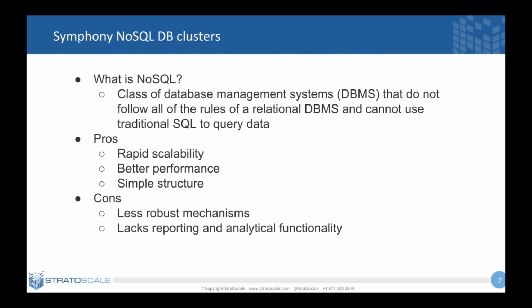And the fact that we're free from schema allows us to be more efficient in reading and writing and to scale out easily. And scaling out, that's the whole point of being public, and being fast, that's the whole point of using cache and so on. So the pros of NoSQL are, as I said, it's easily scalable, the performance is usually better, and it has a simple structure.